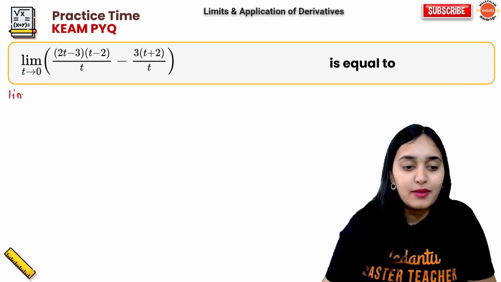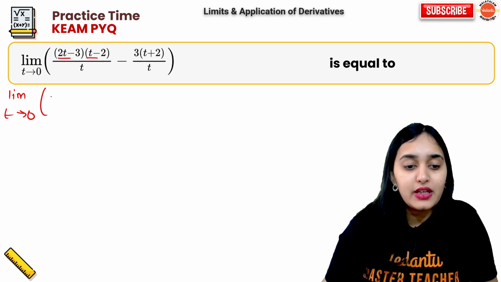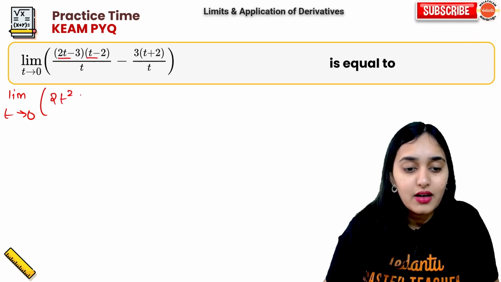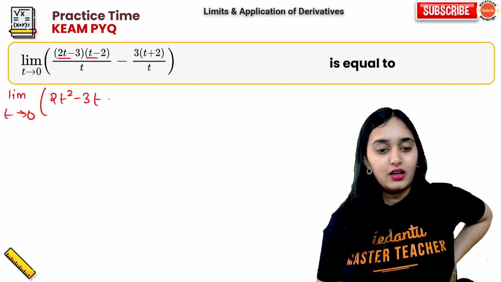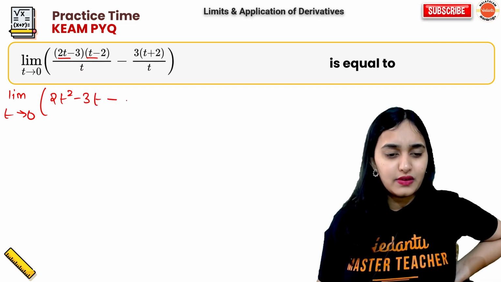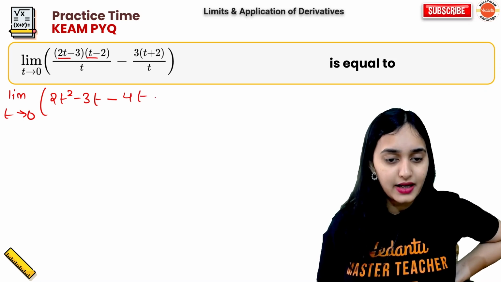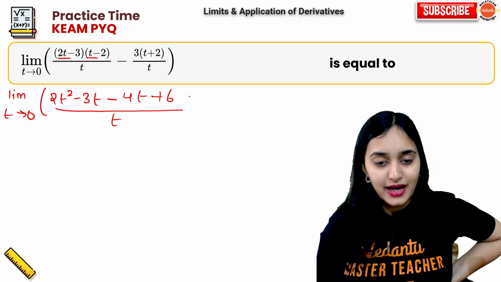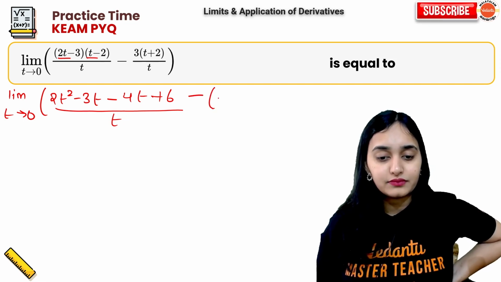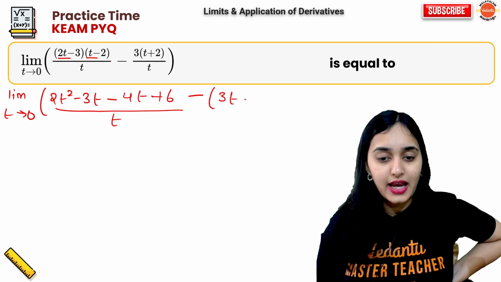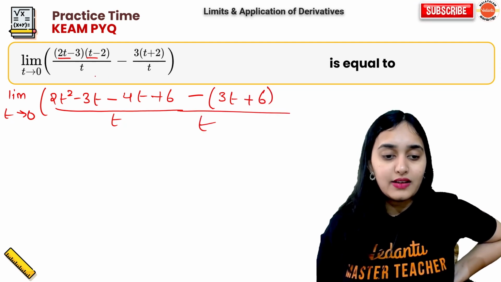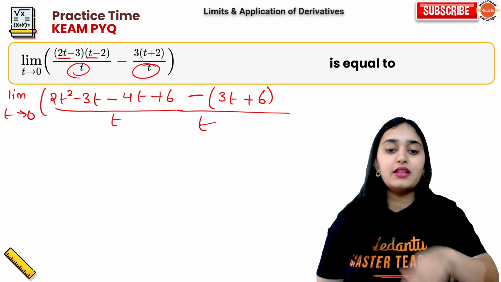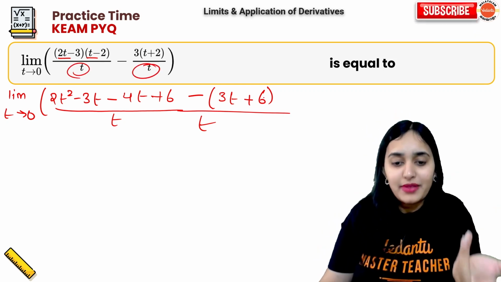So this becomes limit t tends to 0, we get 2t into t, 2t square minus 3t minus 2 2s are 4t plus 6, whole by t, minus 3t and 3 2s are 6 upon t. Now this is also denominator t, this is also denominator t. So t can be taken out common.